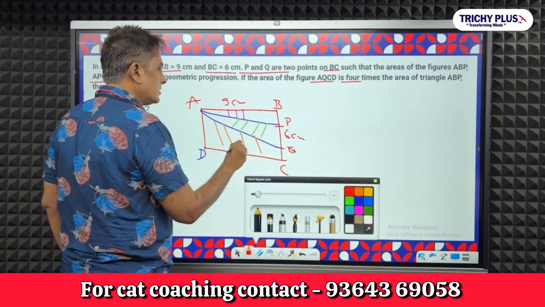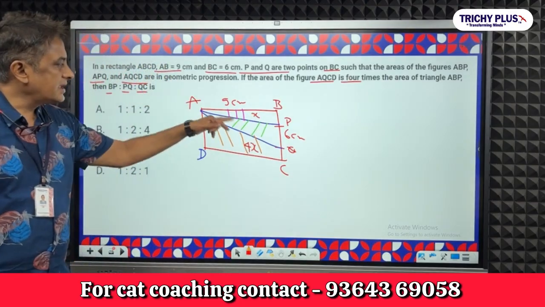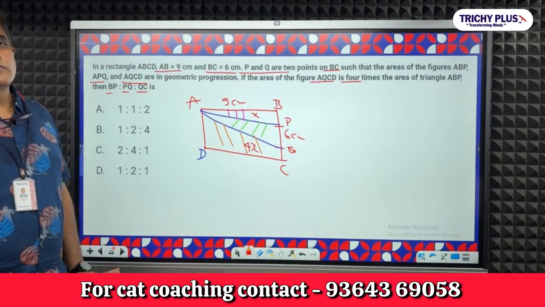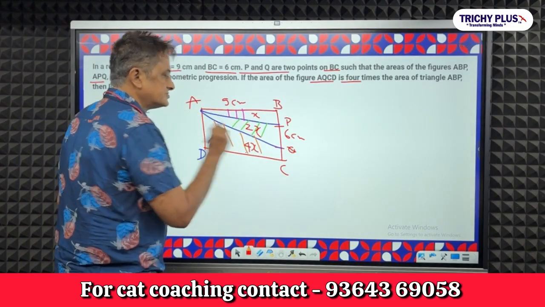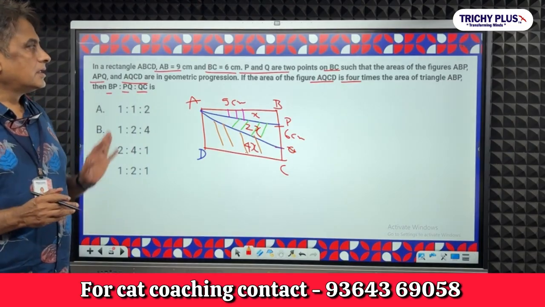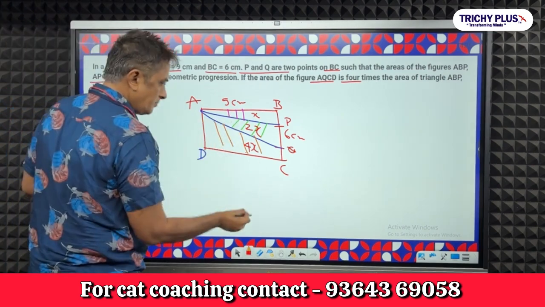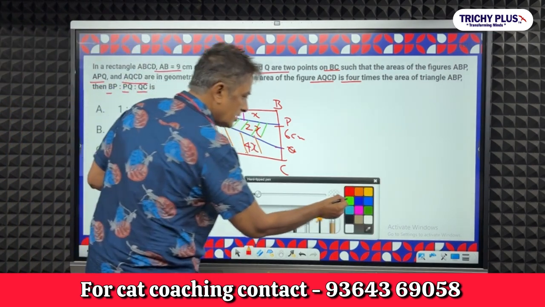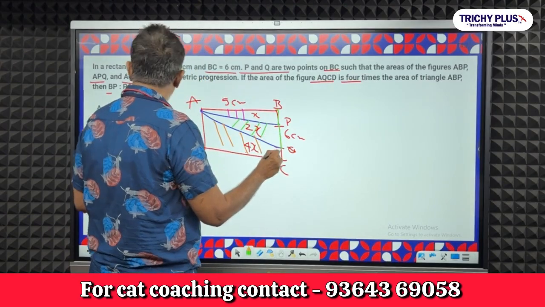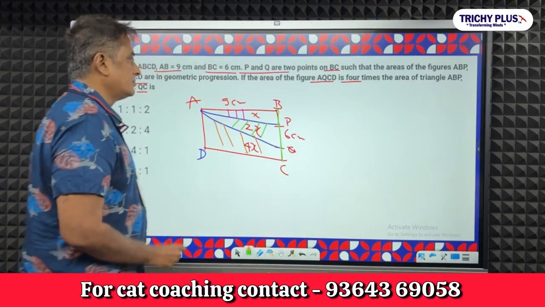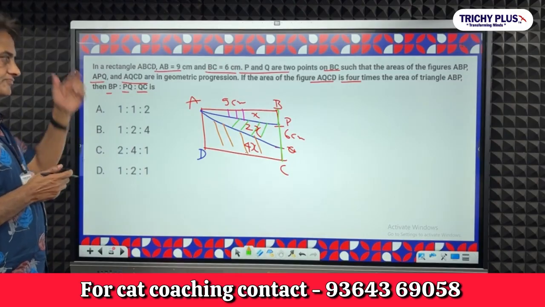So if I have here, this is 4x, then this is x. This is 2x, this is 4x in the area, obviously. Then BP, PQ and QC are in what ratio is the question which is asked, right?